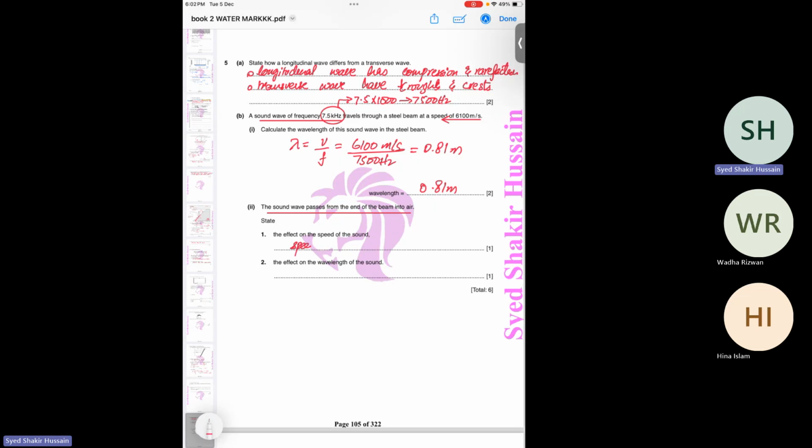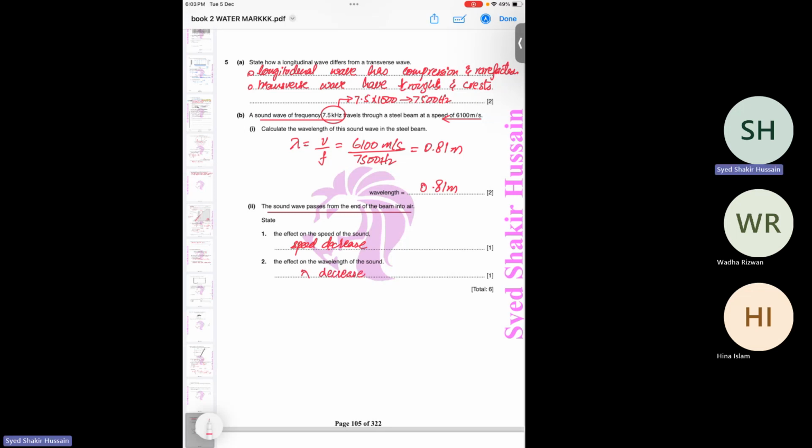Solids have the greatest speed of sound, then liquids a little lower, and then air has the least. Effect on wavelength: if speed has decreased, the wavelength will also decrease.